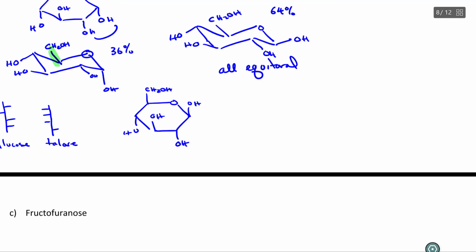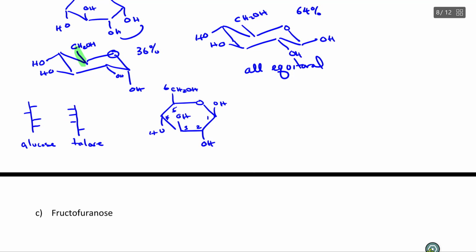So now, remember, this is carbon 1, 2, 3, 4, 5, and 6. So you have to remember that. But to draw the structure for talose, all you have to do is recognize that they're actually only different here and here. So those are C2 and C4.